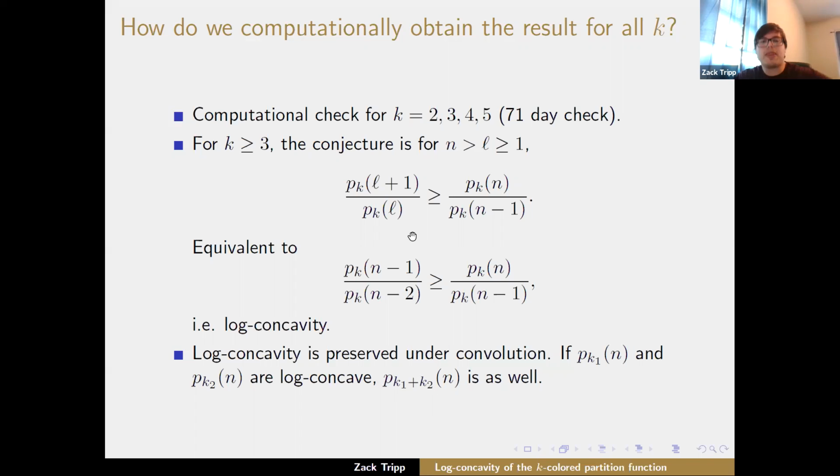And it is important here, I am saying k greater than or equal to 3 because we have this weird exception for k equals 2. But once we've computationally checked 3, 4, and 5, well, every natural number greater than or equal to 3 is the sum of 3, 4, and 5 in some way. So now we've checked them for all colors. Great.